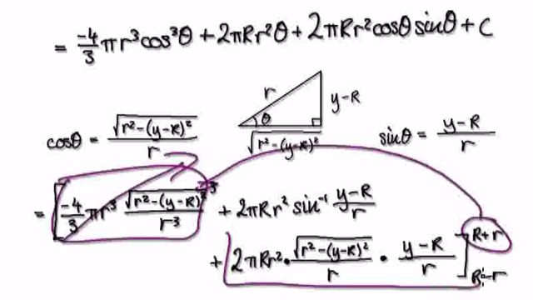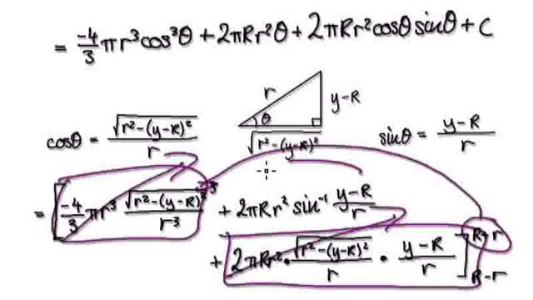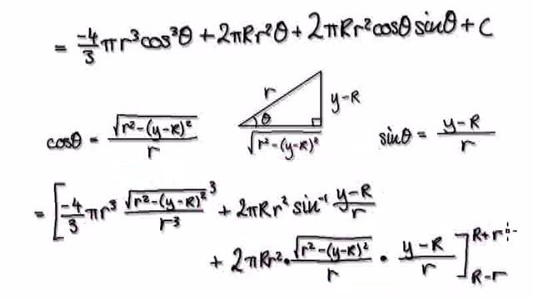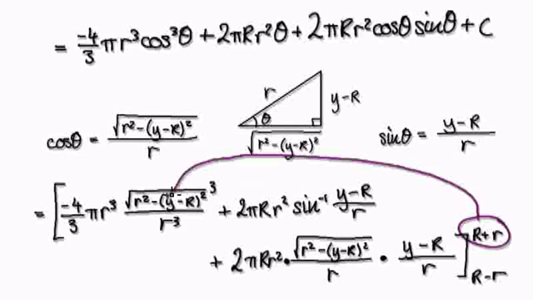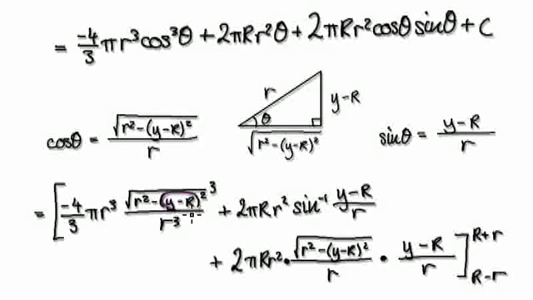This whole thing here will then become 0, leaving you with just this. Because if you try and put this into the y here, because remember we are integrating with respect to y. Put it into here. You've got capital R plus r, and then here you've got to take away capital R, leaving you this thing here being small r.